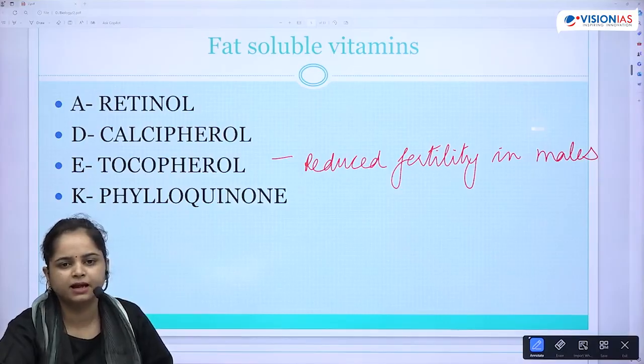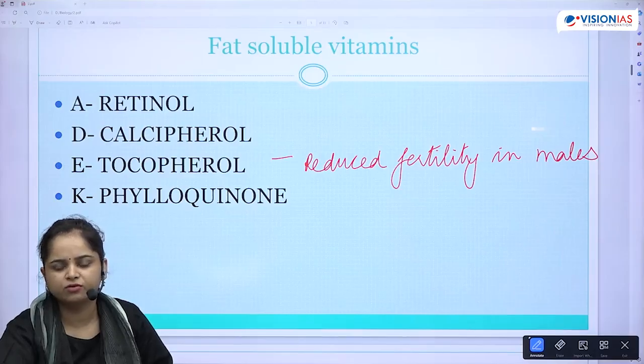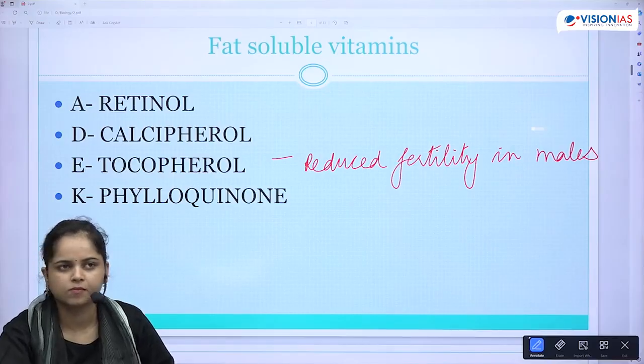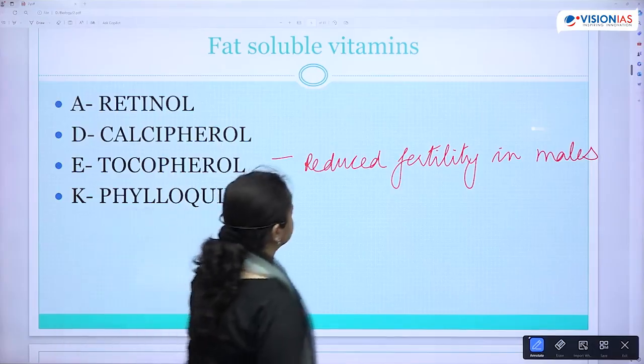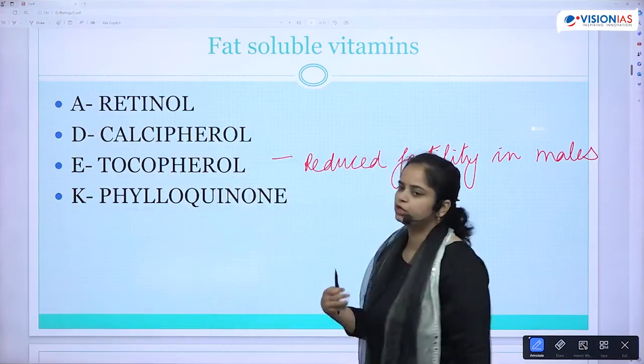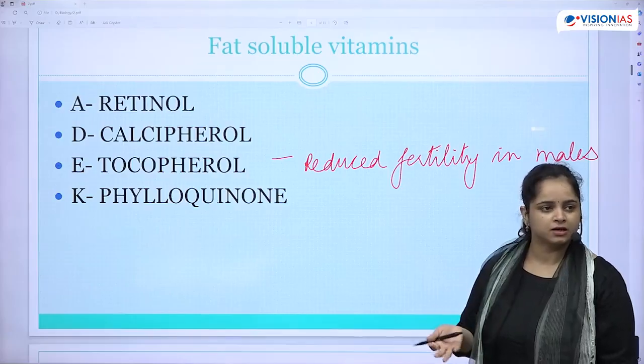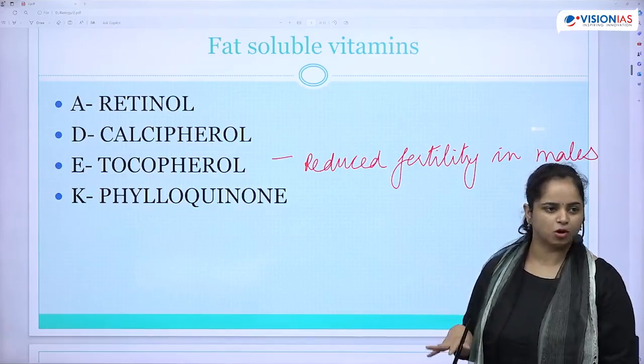Then vitamin K or phylloquinone. Sources: tomato, green leafy vegetables. And its function is to help in clotting of blood. Whenever there is injury to any part of the body and blood is coming out, that blood has to be stopped.